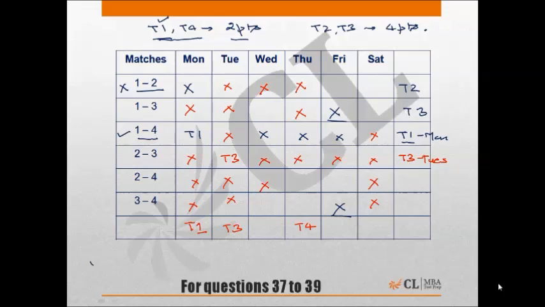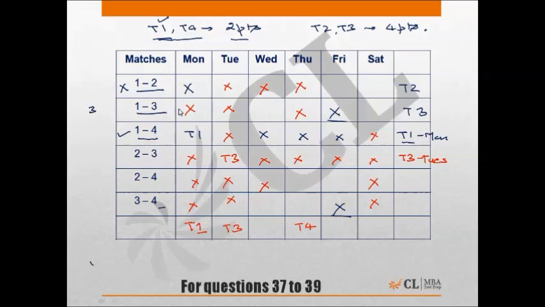Let us now look at the days, the Wednesday. Now on Wednesday the match could have taken place between Team 1-3 or 3-4. If the match on Wednesday is between 1 and 3, then Team 3 should be winning.